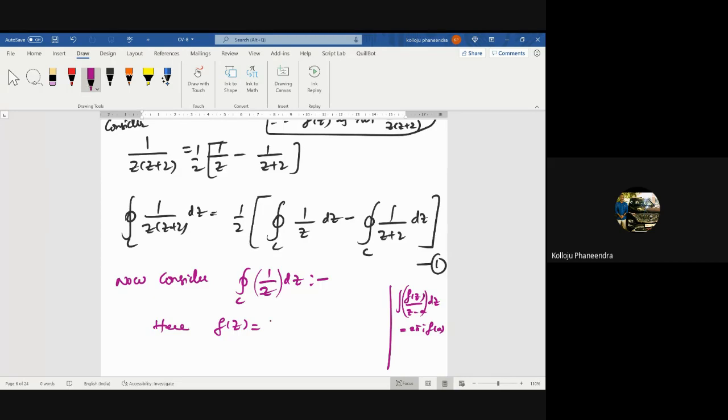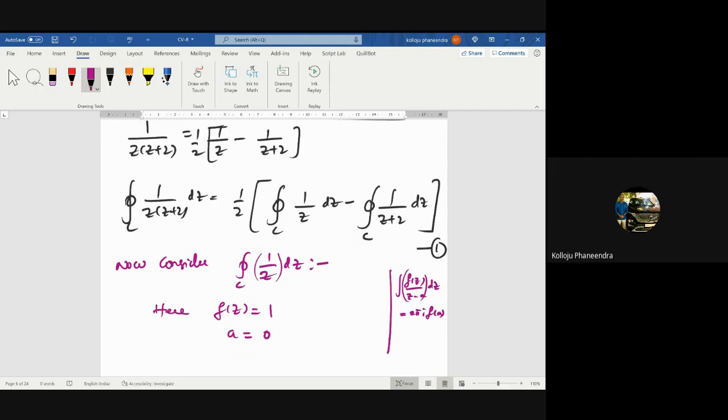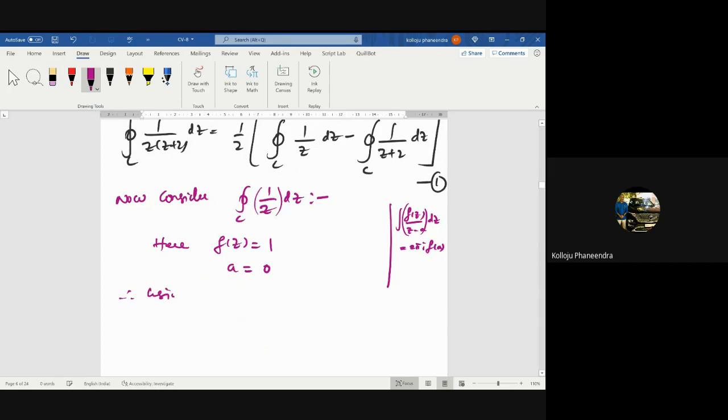So f of z is 1, and the a value is 0, since z minus a is z. A equal to 0 is the singularity, and it lies inside the rectangle. Therefore, using the Cauchy integral formula, integral over C.